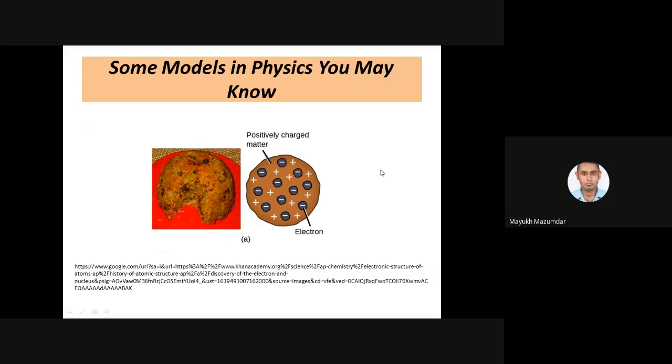It looks very funny, but obviously it is not the case, because this model drastically failed to take care of two things: the charge neutrality and the stability of the atom. Neutrality was taken care of by saying that the total negative and positive charges are equal. Still, this doesn't make much sense.